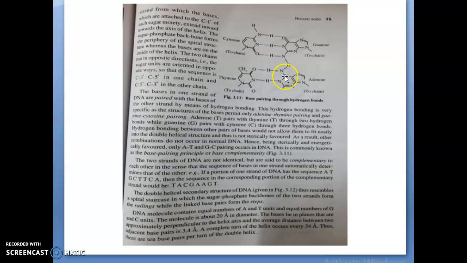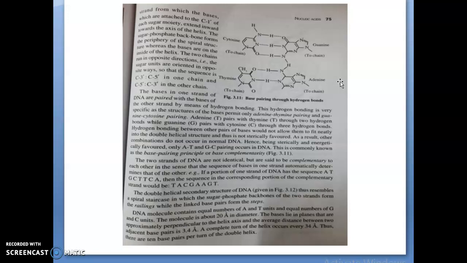Cytosine bonds with guanine only, and thymine bonds with adenine only. It will not allow cytosine with adenine or thymine with guanine. As a result, the same sequence will not occur in the two strands.